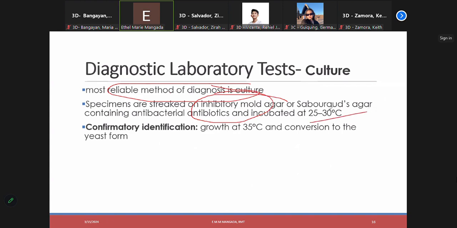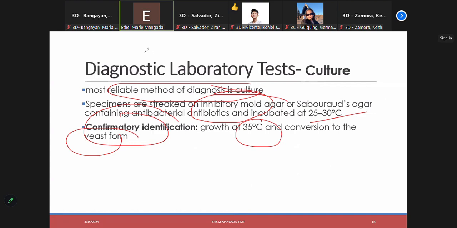And another is, of course, the identification at 35 degrees Celsius, where sabi natin pwede nating ma-convert yung mycelial form to your yeast form basta meron tayong addition ng inyong blood and carbon dioxide. So that's a confirmatory identification for your sporotrichosis. Okay? Thumbs up po if nakuha ninyo yon.